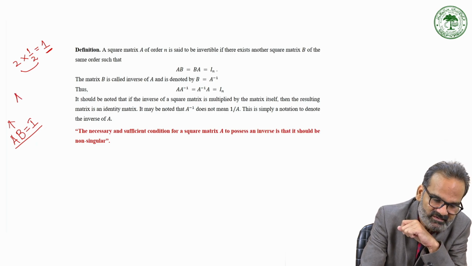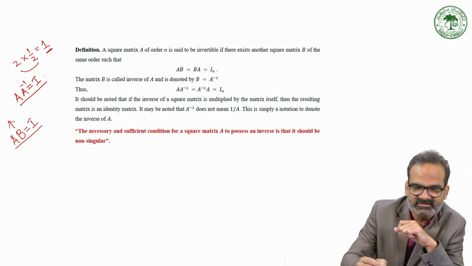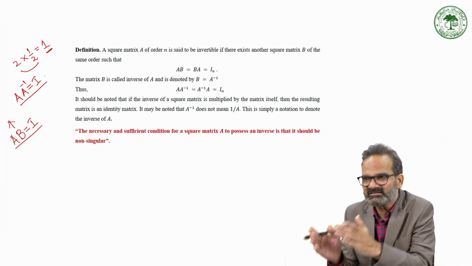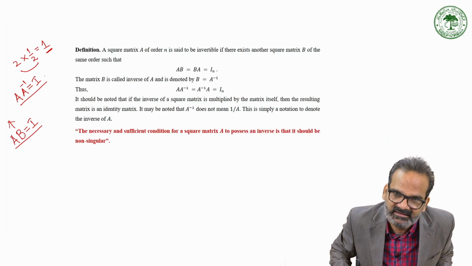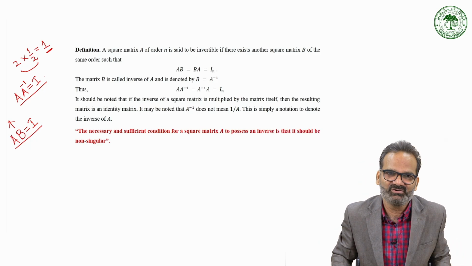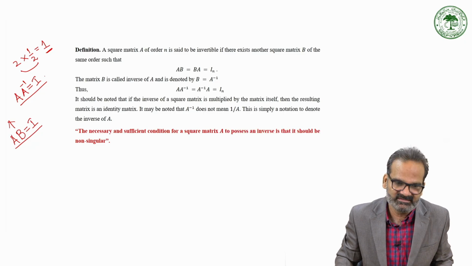Likewise, the product of a matrix and its inverse, for example denoted by A inverse, is always equal to the identity matrix, because the role of 1 in the number system is very similar to the role of an identity matrix in case of matrices, right?